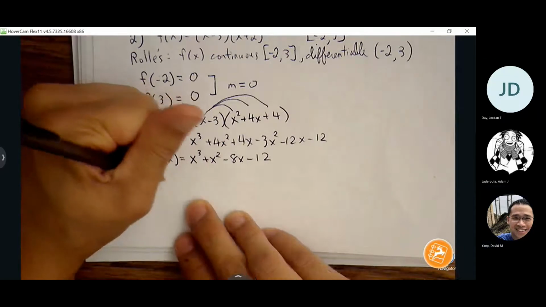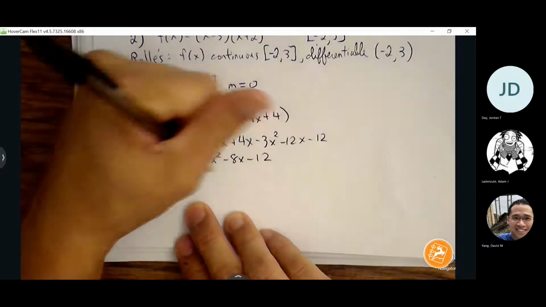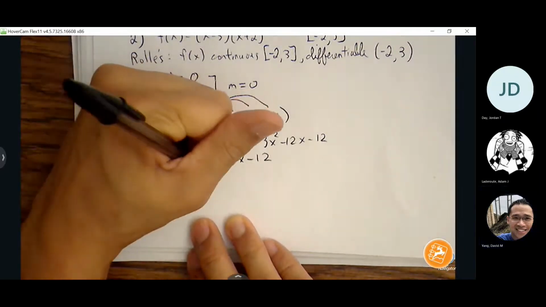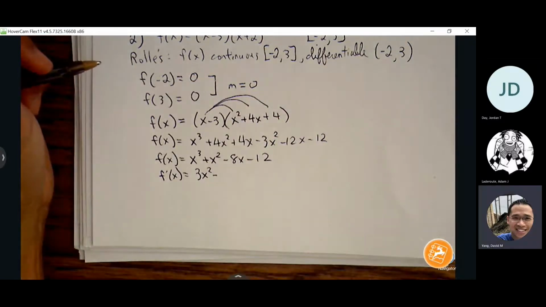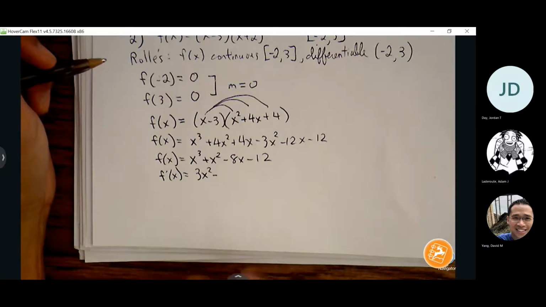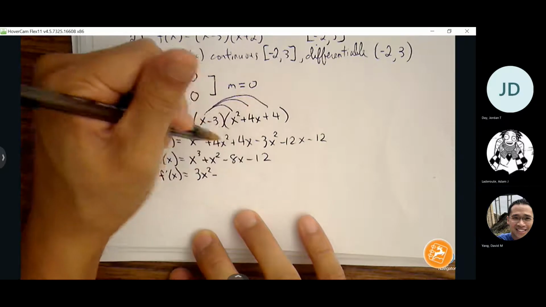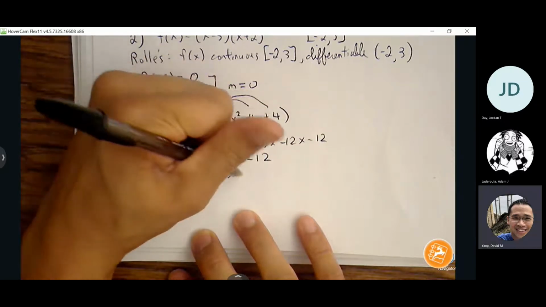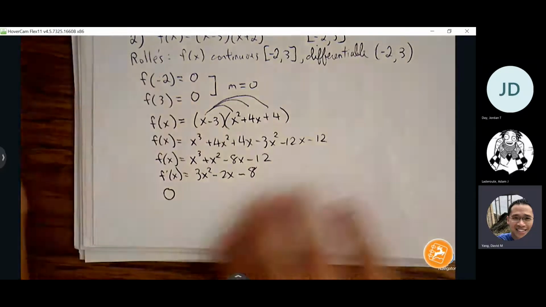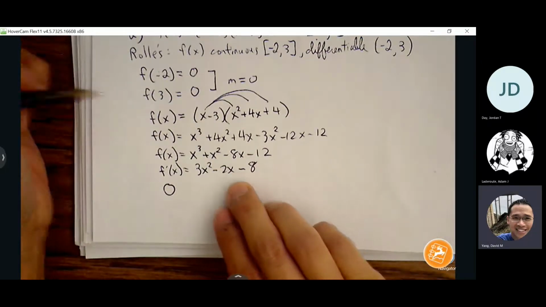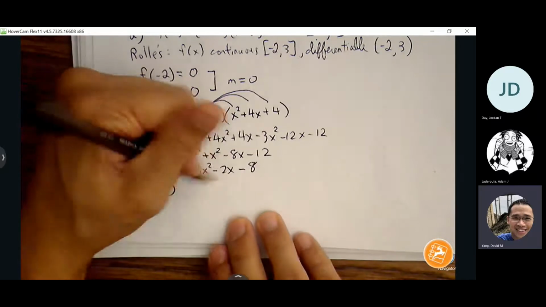F prime. Set f prime equal to 0, right? Rolle's theorem, slope is 0.